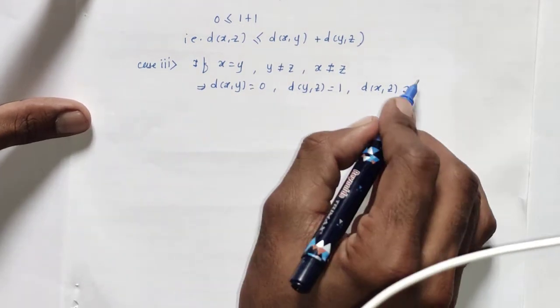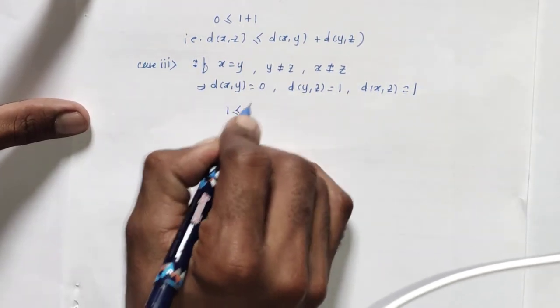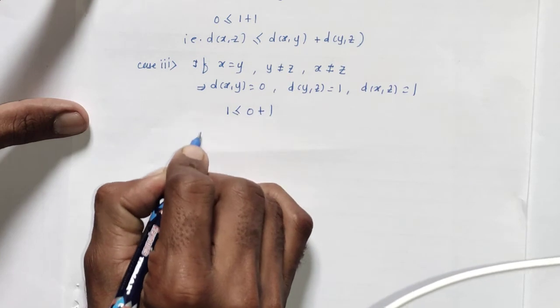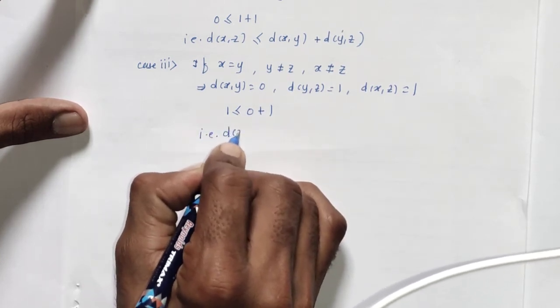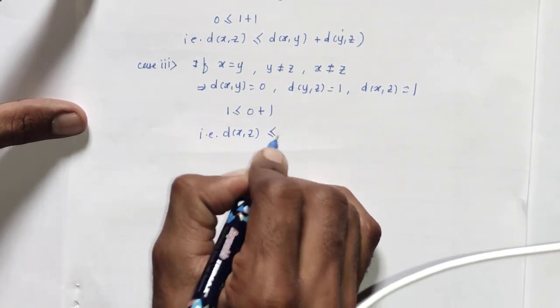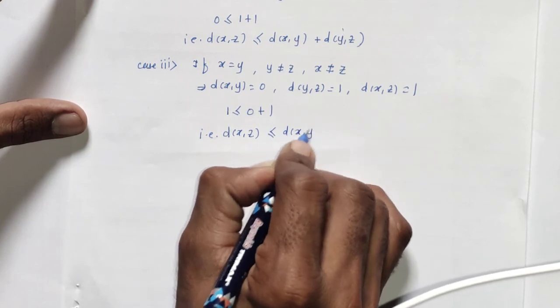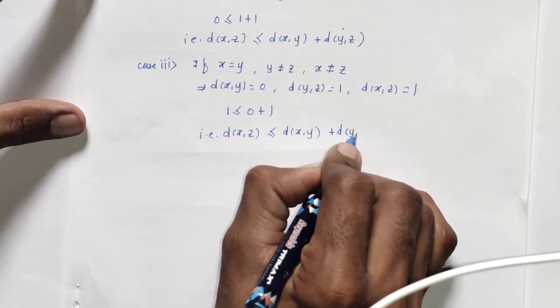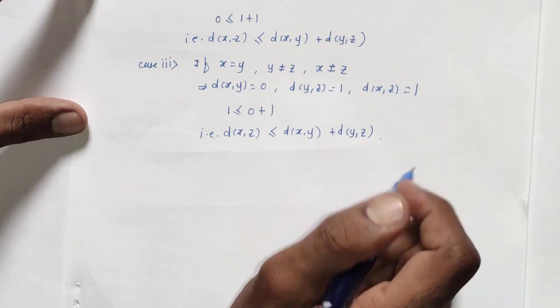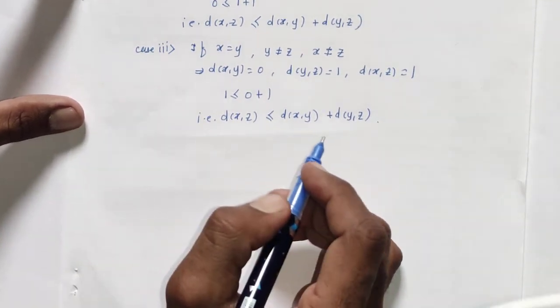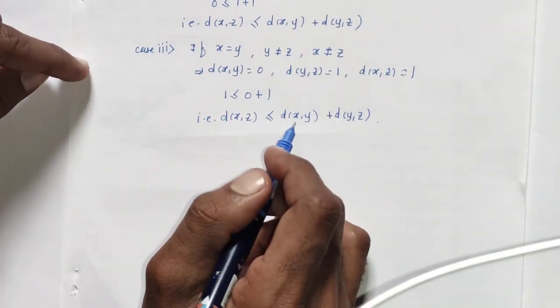Again 1 is less than or equal to 0 plus 1, that is distance of xz is less than or equal to distance of xy plus distance of yz. So here again the triangle inequality holds.